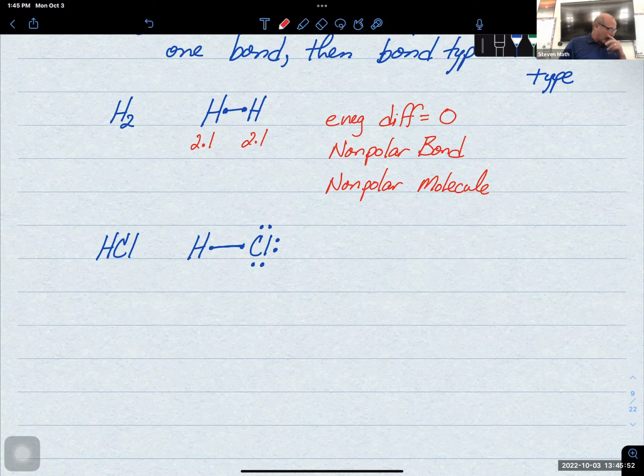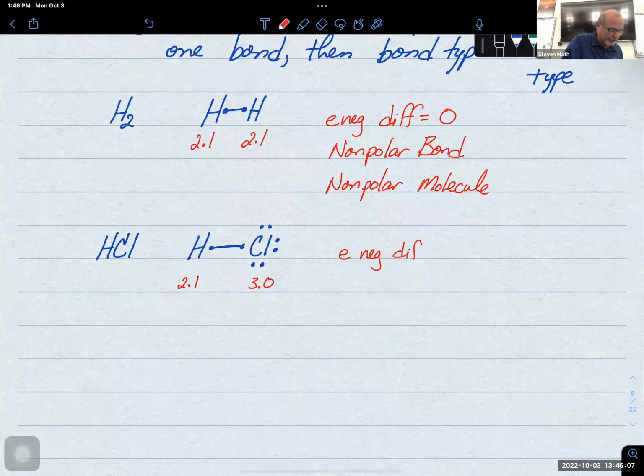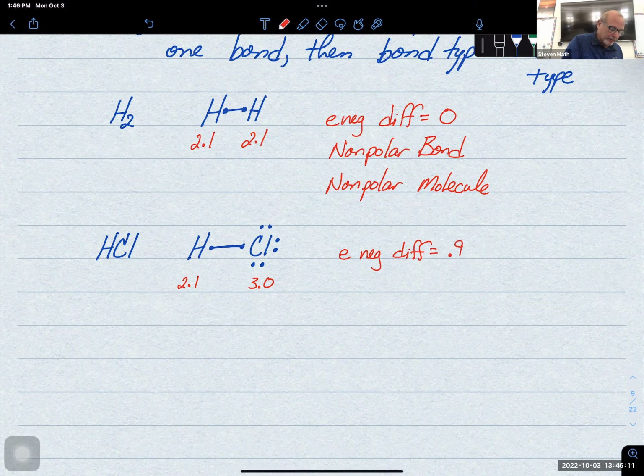This should be pretty stable is what we're looking for. Now, if we look on our electronegativity table, I've got hydrogen at 2.1 and chlorine is at 3.0. So the difference between those two, I've got an eneg diff, not just a value, but the difference between them, of 0.9. So I have a polar bond.